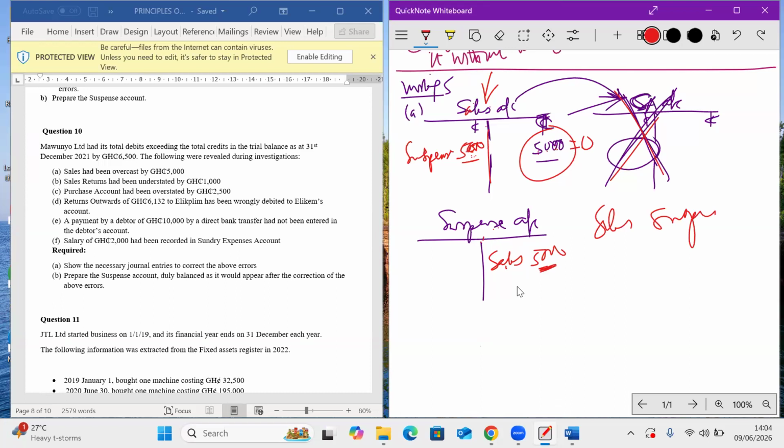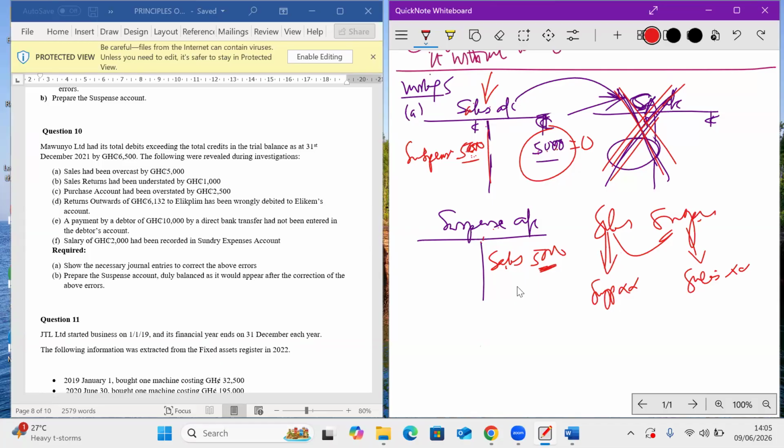Do you see any customer account on the board? I've cancelled it. So when I come to the sales account, I record suspense money. When I go to suspense, I record sales money, because there are two. That's what we are doing.